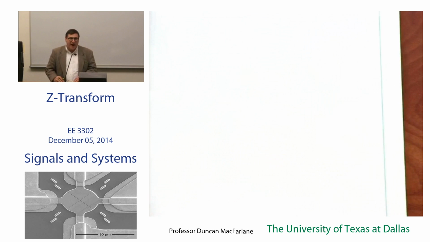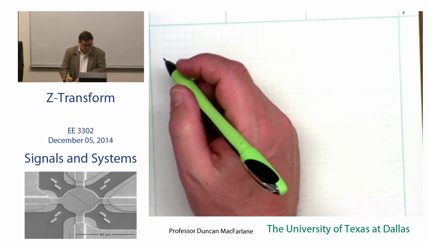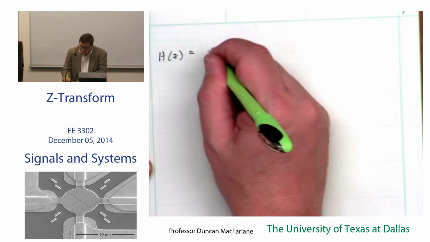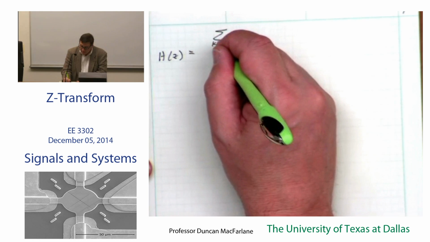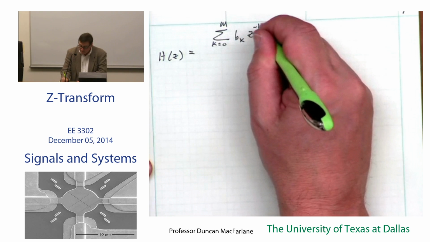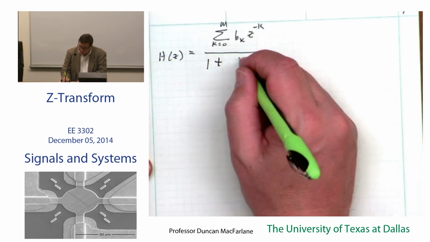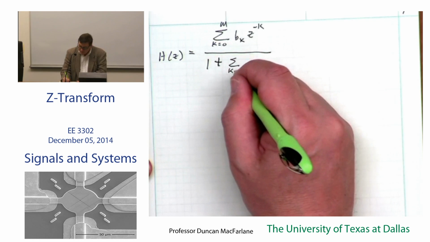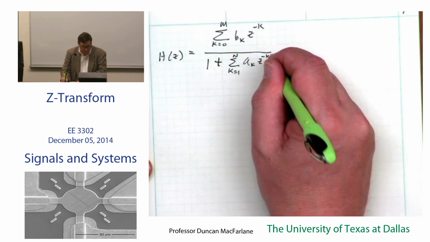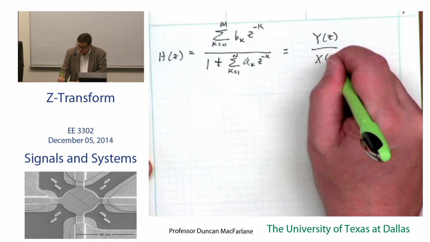All right, I want to take a step back now that we've seen this. So I have H of z as the ratio of two polynomials. And this is my output of z over my input of z.